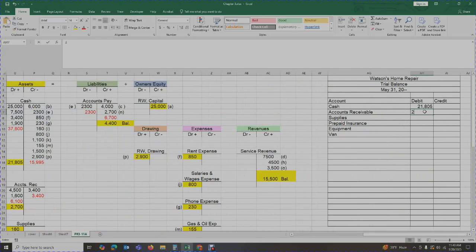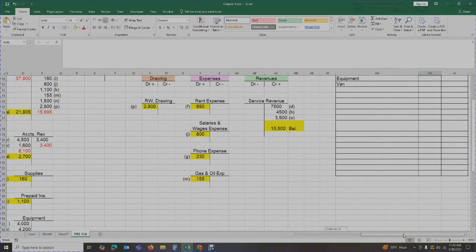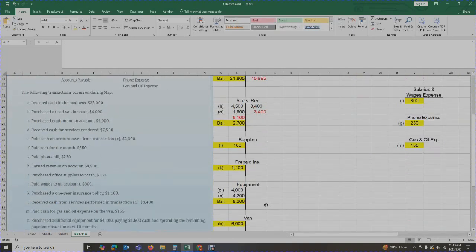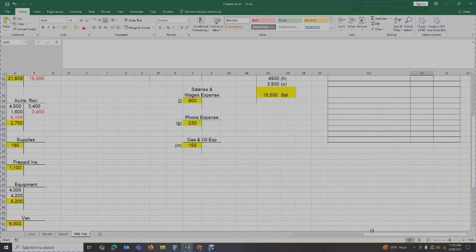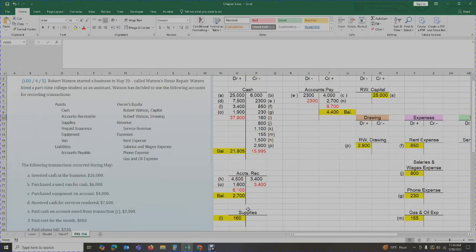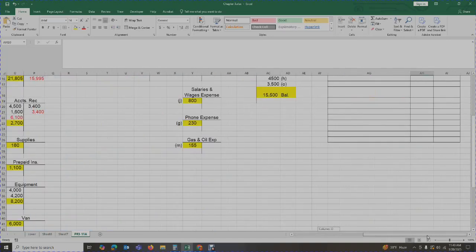2,700 debit. For supplies, I've got $160 debit. So I'm going to bring that in. For prepaid insurance, I've got 1,100 debit. So we're going to bring that over. For equipment, I have 8,200 debit.